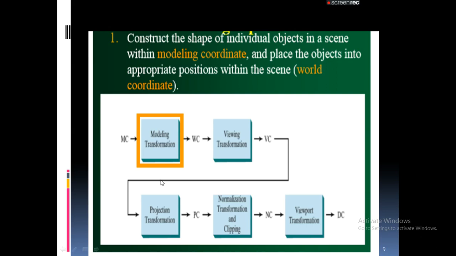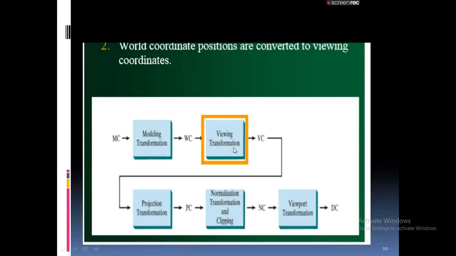Next, we need to perform viewing transformations. I'll go to the next slide. If I want to perform the viewing transformation, see that I have written step 2 clearly: world coordinate positions are converted into viewing coordinates. We learned this also, how to map world coordinates to viewing coordinates in two-dimensional viewing.